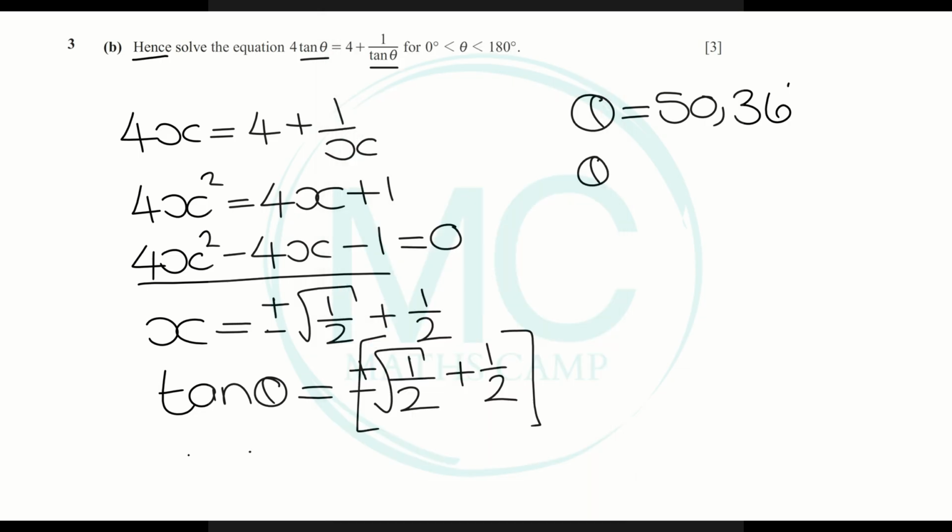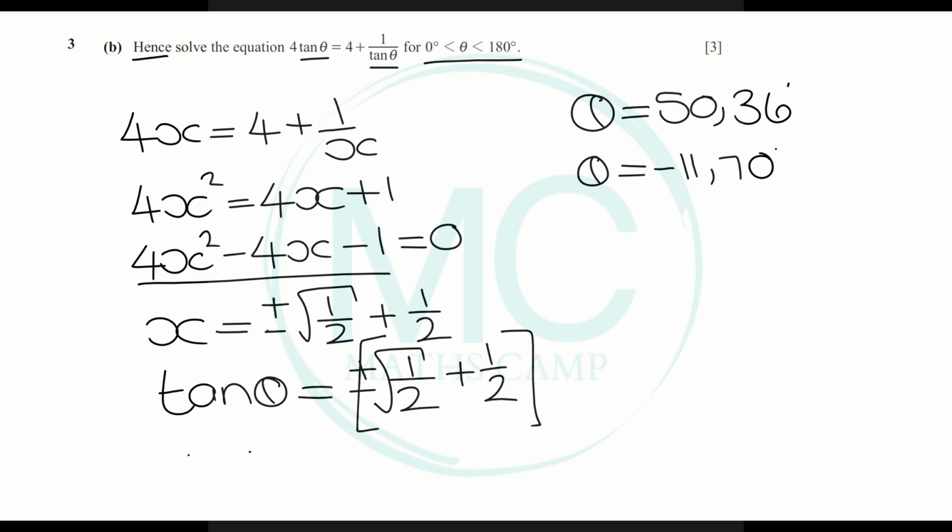So theta is equal to negative 11.70 degrees. The question asks us to find theta in the domain between 0 and 180 degrees.